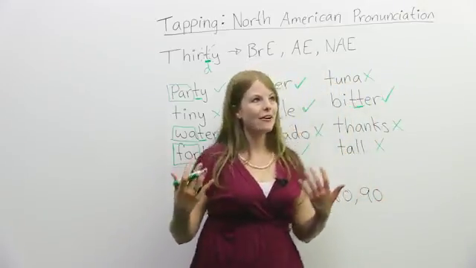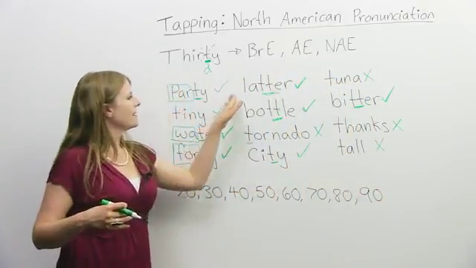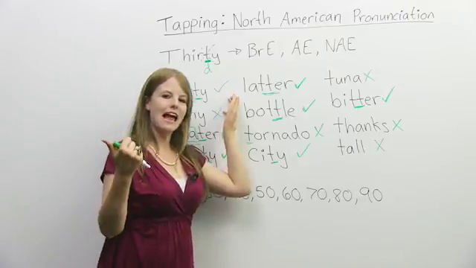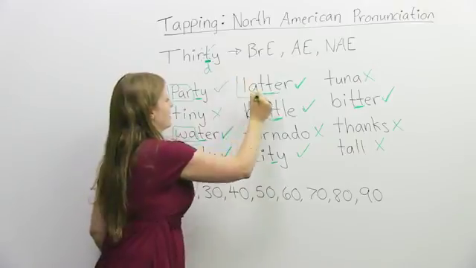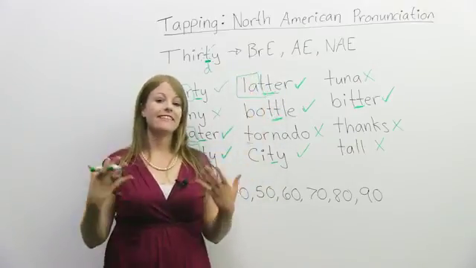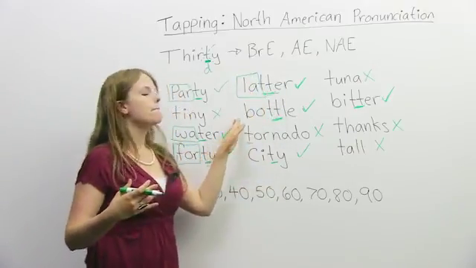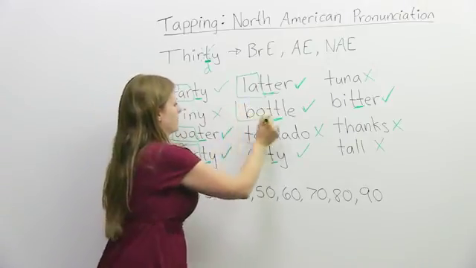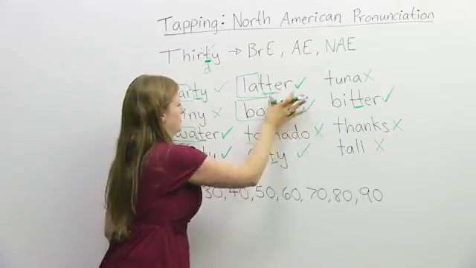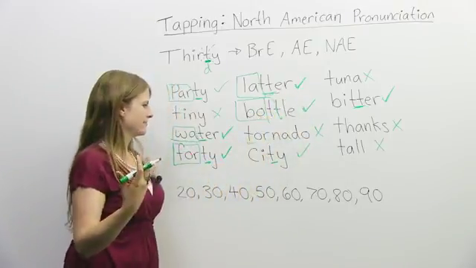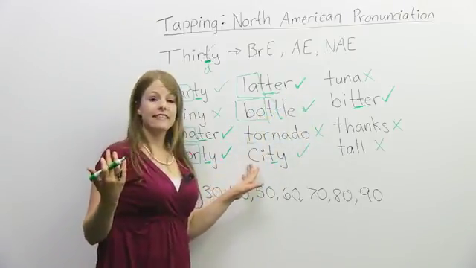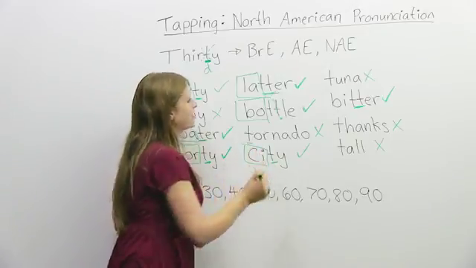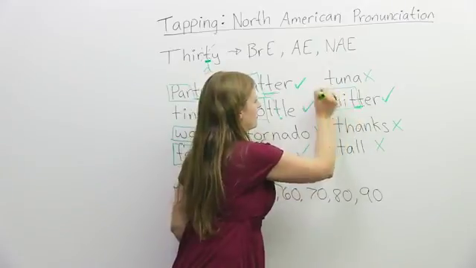Here we have the word ladder. Again, the first part is louder. Bottle. In this case, the first part is louder. City. Again, the first part is louder. And so on.